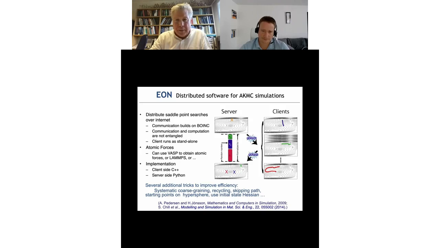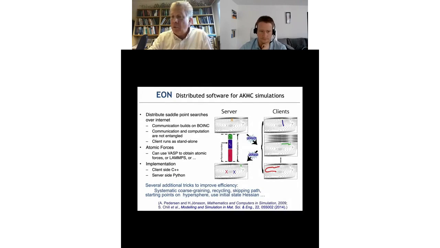But there are many tricks to this which are built into EON, and some of them are, for instance, systematic coarse graining. I mentioned that in the next slide. But there's this recycling that I mentioned. You remember all the old saddle points and you use them as an initial guess, because this kind of saddle point search doesn't have to start near the minimum.